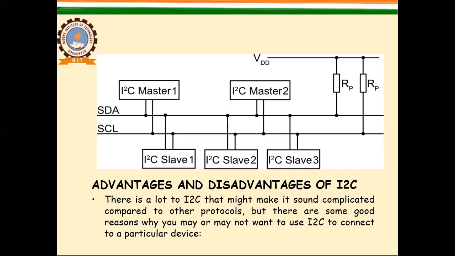The first feature is the number of masters and the number of connected devices. Because more masters can be connected to slaves, it is easy to use I2C for a larger or bigger embedded system.